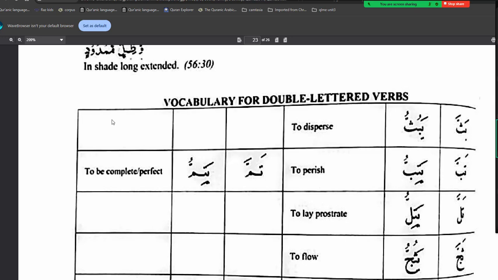Okay, so now, Alhamdulillah, the examples are done. And at the end of each chapter, from now onwards, we will have the vocabulary for that particular lesson from the Quran.